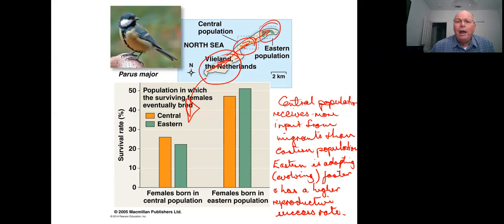But females that migrate from the central population to the eastern population, where there is less input from the mainland, find a population that is more highly adapted, have their own unique mutations, and as long as they can still interbreed with males from the eastern population, they can have a very high reproductive success. So gene flow can work both ways. That's why it was a little bit of a problem when we were talking about the 5 assumptions. Hopefully that clears that up.